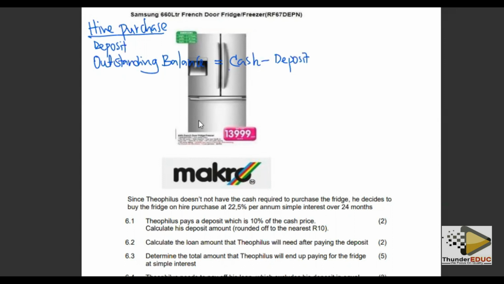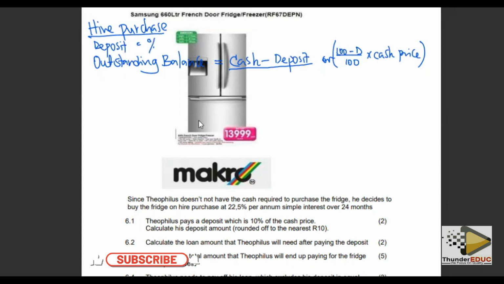There are two ways you can do this, or you can get 100 minus the deposit divided by 100 times the cash price. That's another method you can use to get it straightforward. All right, now this is when you're looking for outstanding balance. But if they ask for deposit, only take the percentage for the deposit times the cash price.